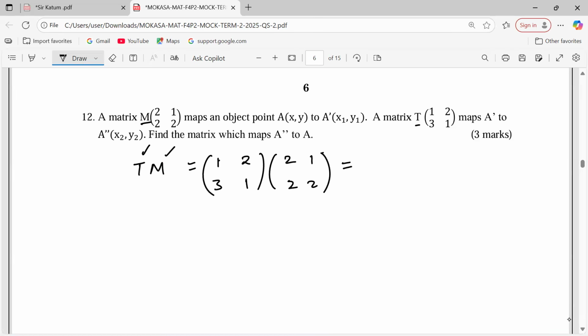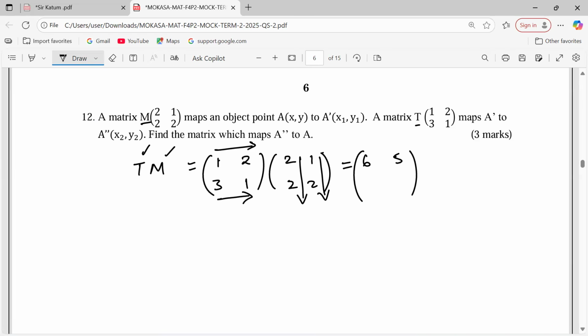So I multiply now. Row times column, 1 by 2, 2 by 2. So 1 by 2 is 2, 2 by 2 is 4. That gives us 6. Then the same row and the next column, 1 by 1 and 2 by 2. That is 1 plus 4, giving us 5 at this point. Then we go to the next row, which is 3 by 2 and 1 by 2.